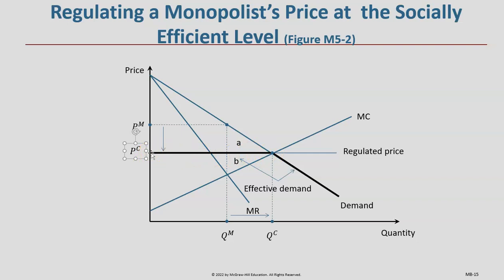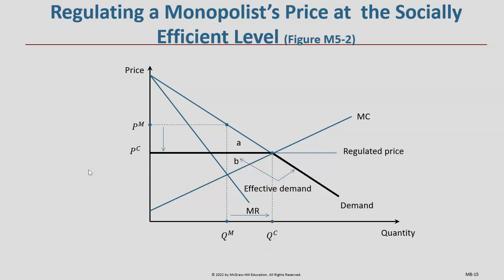So it would be flat line from PC to the market equilibrium, and then past QC, the demand curve would be downward sloping along the market demand curve. Okay, so if the regulated price is set, then we would get the efficient quantity and the efficient price in the market.